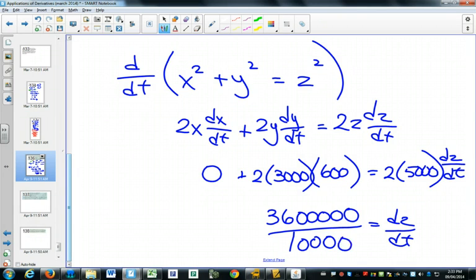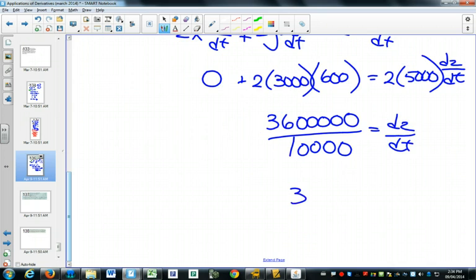Okay, good. Wait a second. Something seems wrong here, though. If we simplify this, what do we get? 360. Would it be slower? Maybe.